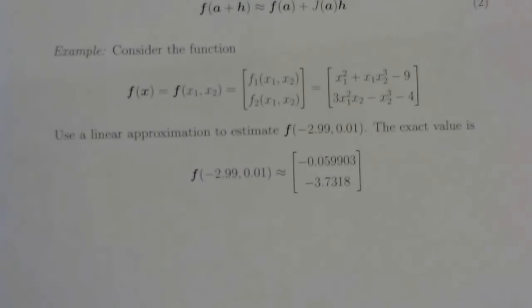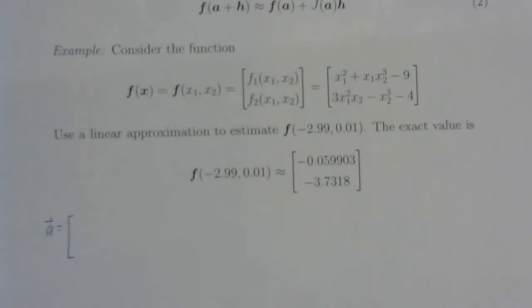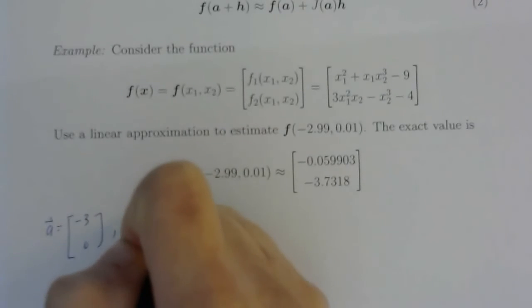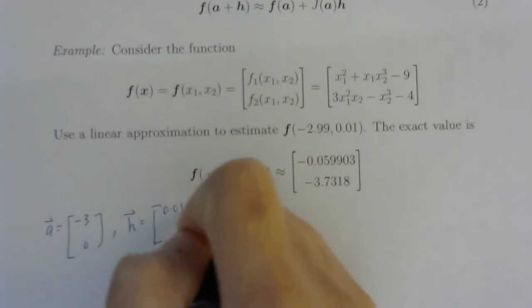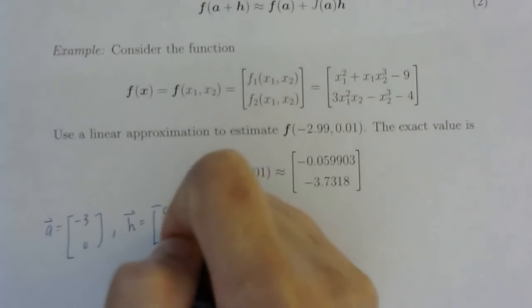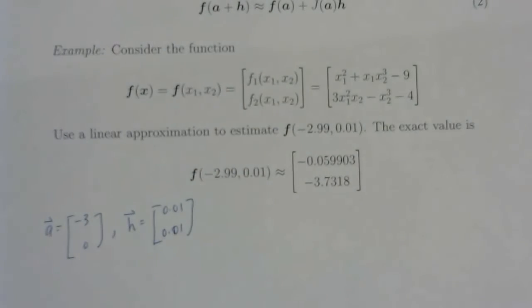So let's put it in the terms of our linear approximation. So a, the point that we're going to approximate around, is (-3, 0). And h, the perturbation, is going to be 0.01 when I add to -3 to get -2.99, and then 0.01, which is what I add to 0 to get 0.01.